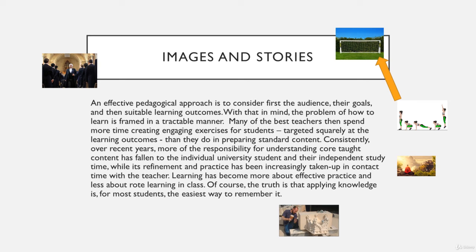And then right at the bottom, we've got a person working as a stone mason, so they're producing a sculpture, and this for me is an image that strongly captures the idea of practice and perfecting a craft, so getting things right through action, through doing things, and that breeds a deeper kind of understanding.